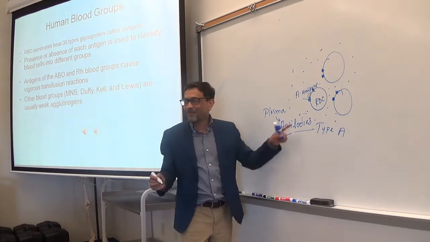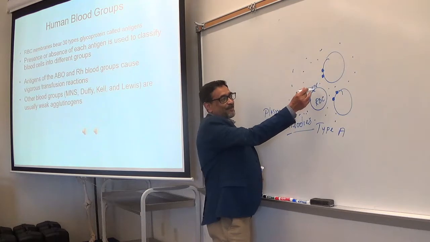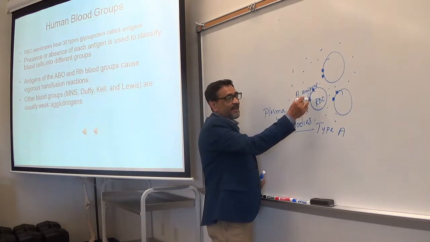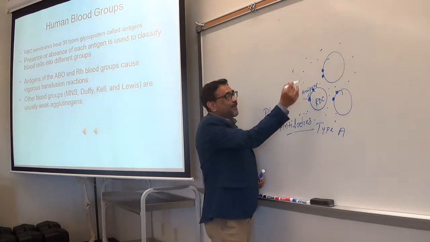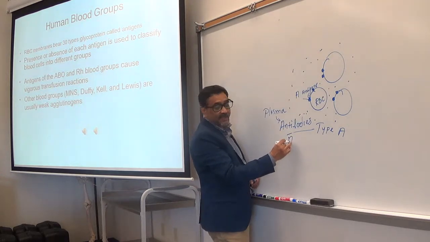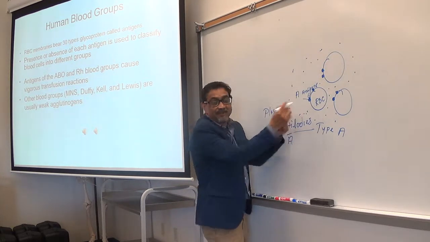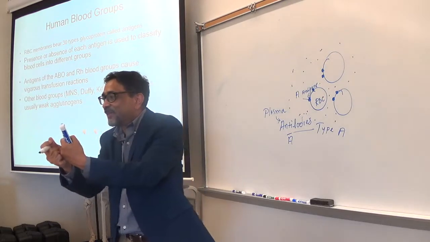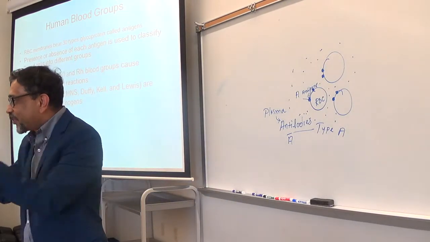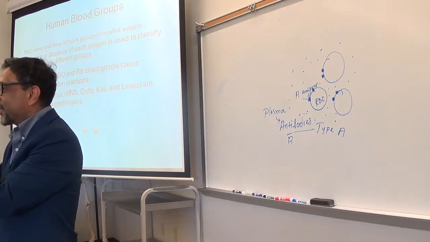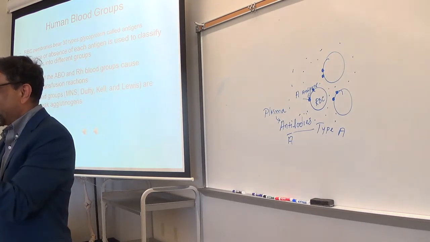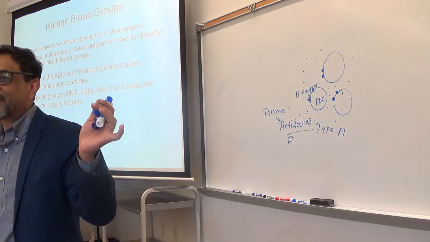If same type of antibodies, look at this. This is blood type A, that means A antigens on the surface, right? If same type of antibodies are present, A antibodies in the plasma, antigen-antibody reaction will occur. Make sense? Same type of antigen-antibody reaction will occur between these two, and that will destroy the red blood cells.